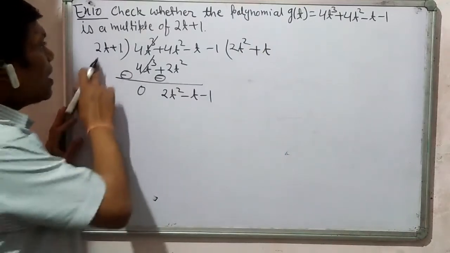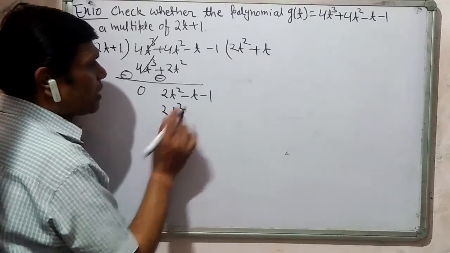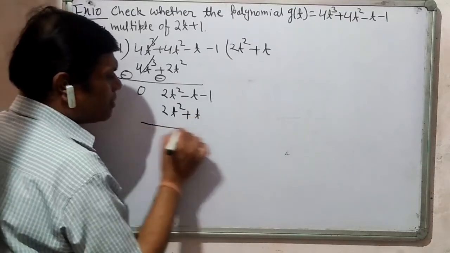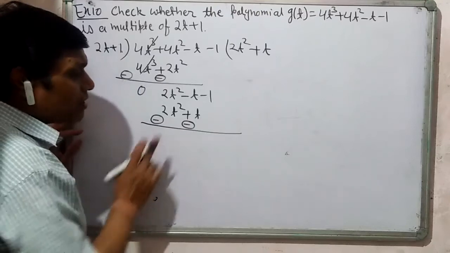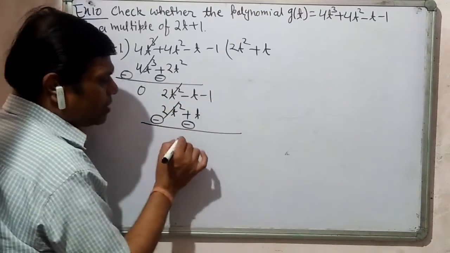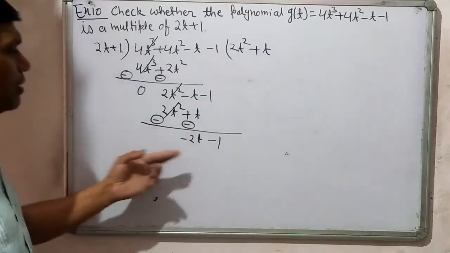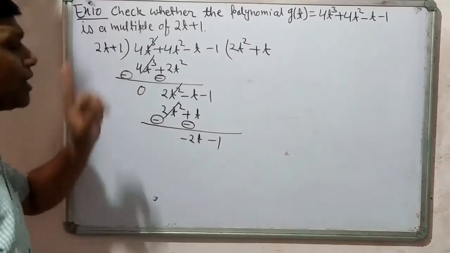Right? Multiply this. What we get? 2t into t, twice t square. T into positive 1, positive t. Sign change. Cancel out. Minus t, minus t, minus twice t, minus 1. Minus twice t upon minus twice t. Minus 2 upon 2, minus 1. T upon t, 1.